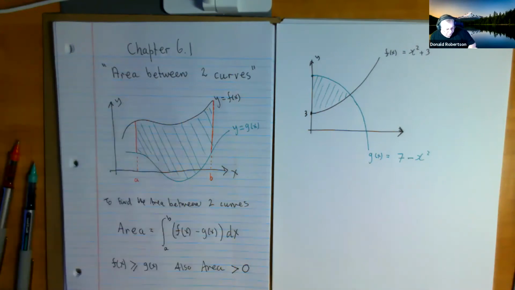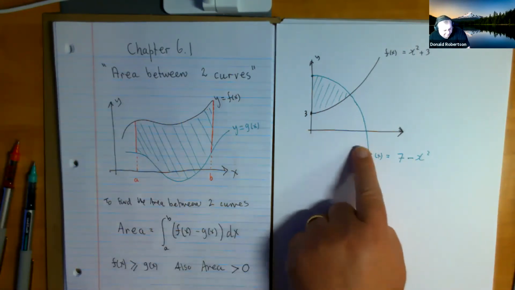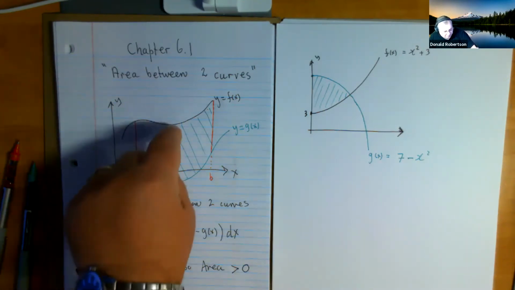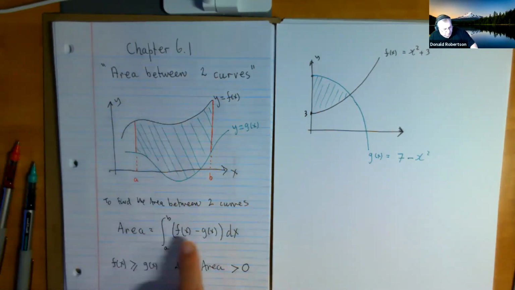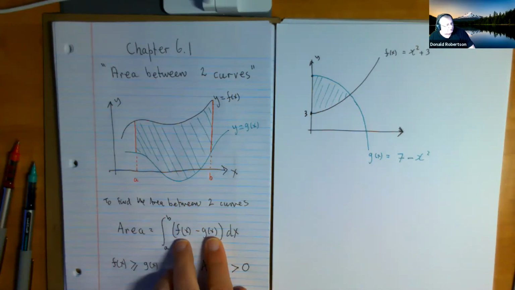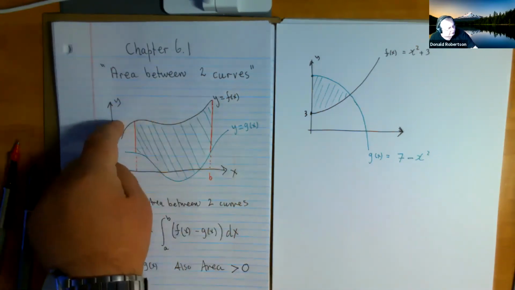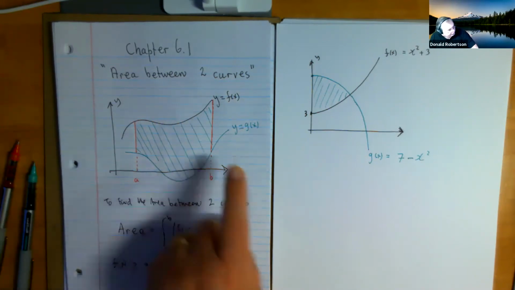Now we have a nice formula for doing it. It's from the start to the finish, top curve take away bottom curve. So f of x and g of x aren't written in stone. f of x just means whatever the top one is, and g of x is whatever the bottom one is.